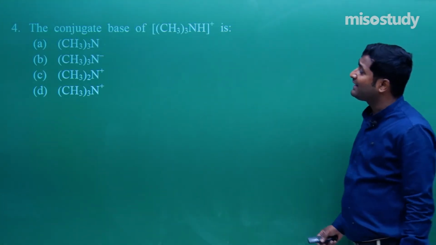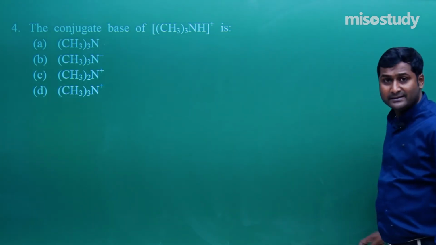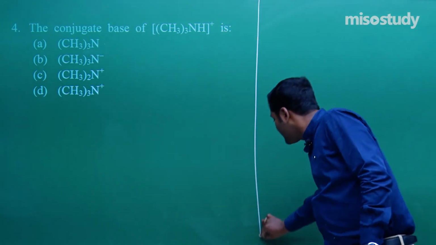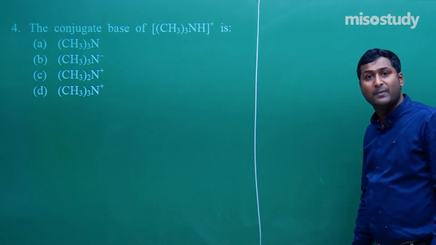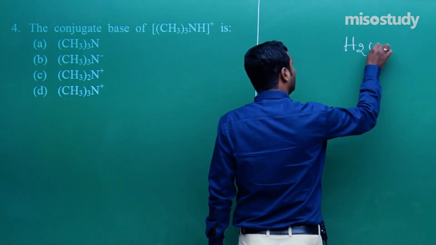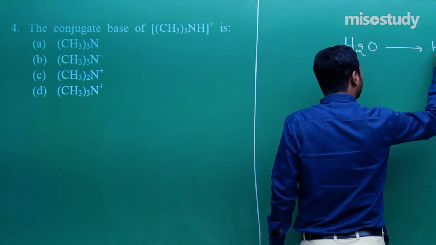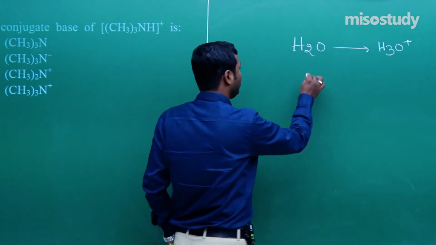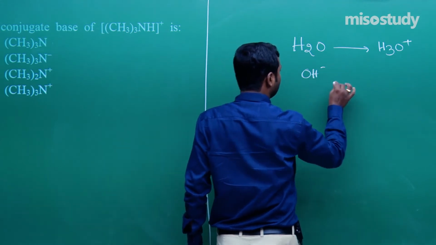Let's move to the next segment, the conjugate base. As I told you earlier, according to the concept, what is the conjugate acid-base pair relation? If I write H2O and add one H, we get H3O plus.